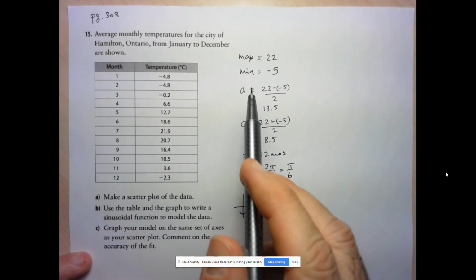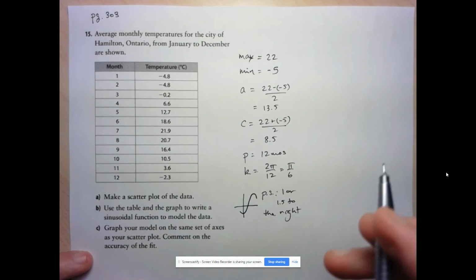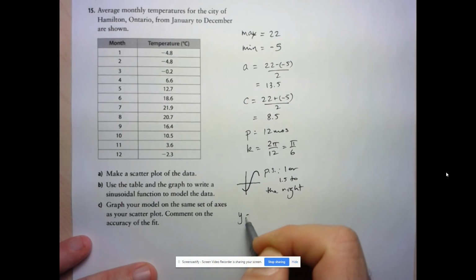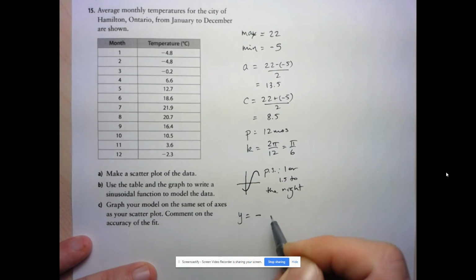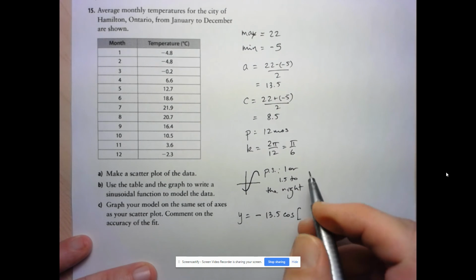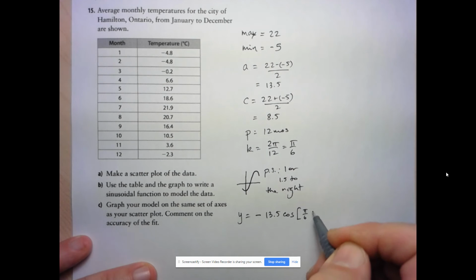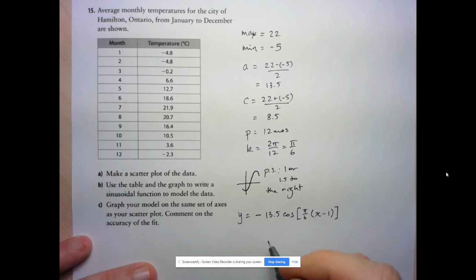Now that we have all our information, we can write down our model. We're going to use a negative cosine graph because the minimum is close to 0. So y equals negative 13.5 cosine of pi over 6 times x minus 1, or minus 1.5, and we'll see which one works better, plus 8.5, where y is the temperature in degrees Celsius and x is the month of the year.